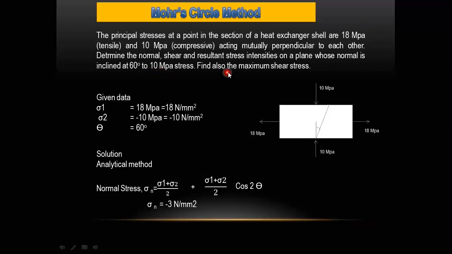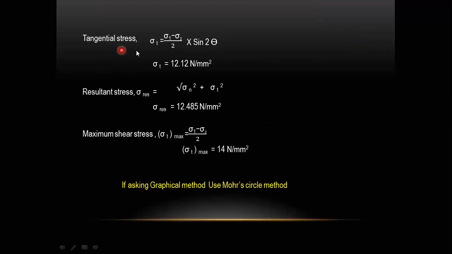And also we have to find the maximum stress and the maximum shear stress. We already know that by using the analytical method we can easily solve it. By using this formula we can easily find the normal stress. Then tangential stress we can solve using this formula, same as the resultant stress and so on.